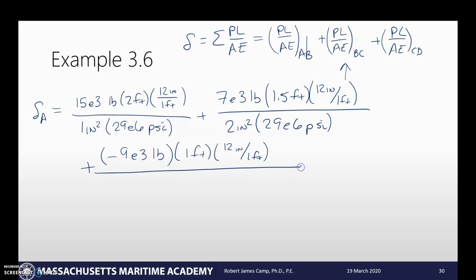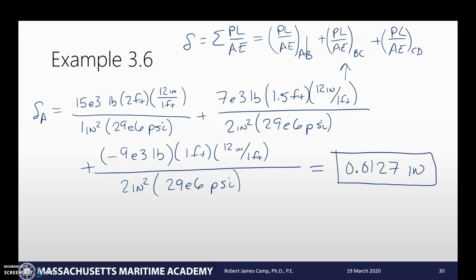I'm going to divide that by its area, also 2 inches squared, and it's also 29 e to the 6 psi. So now if I bash all those numbers together, the deflection at point A should be 0.0127 inches. So there's the deflection of A.